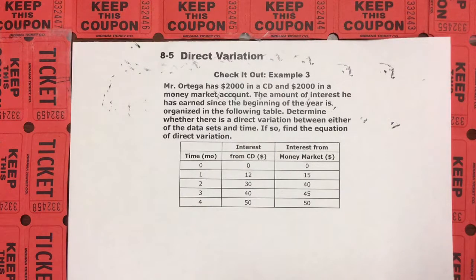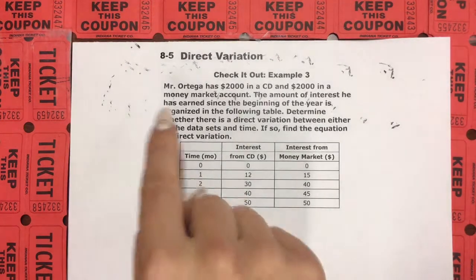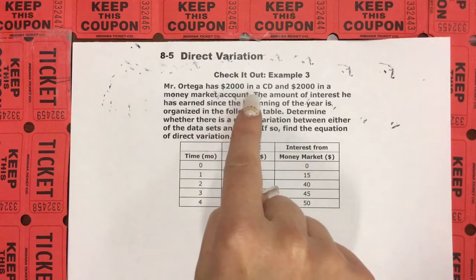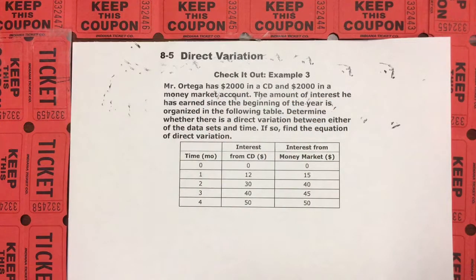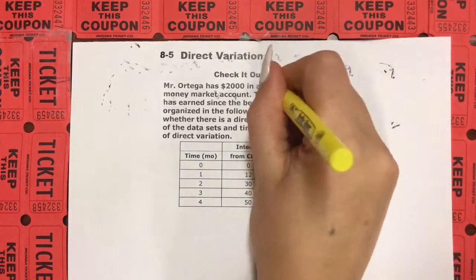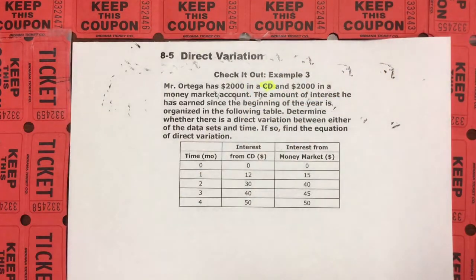All right, we are back, and we are going to go for this one. It says Mr. Ortega has $2,000 in a CD and $2,000 in a money market. So here we go again. We have a CD and we have a money market.